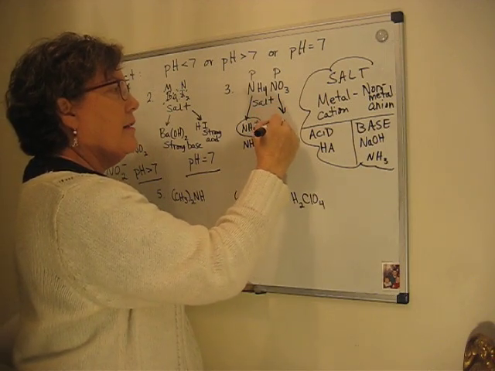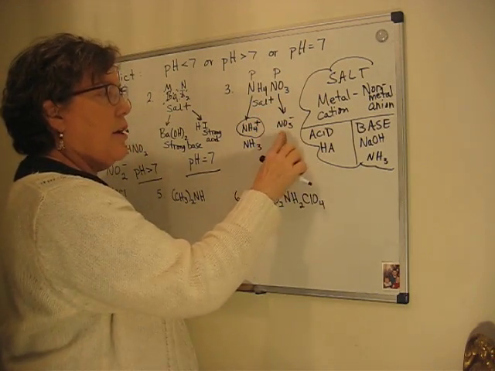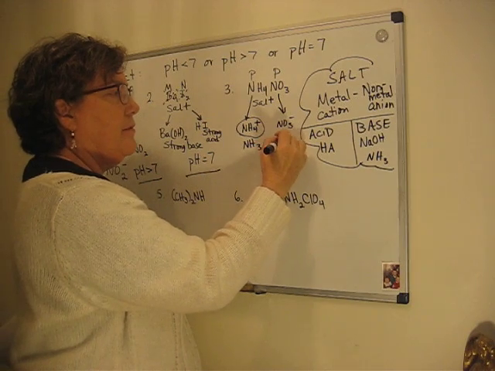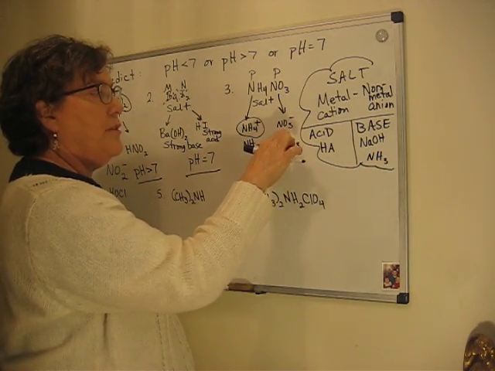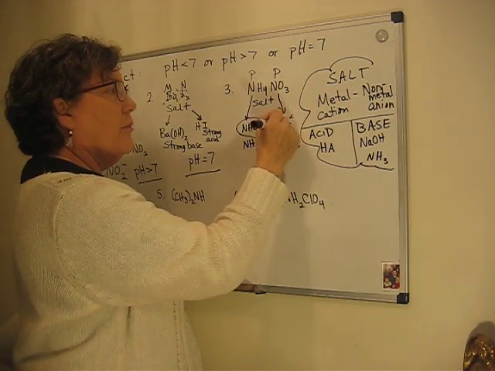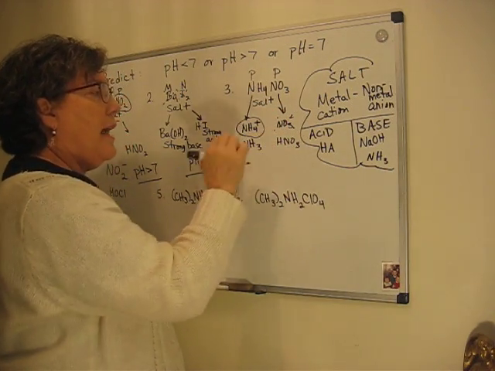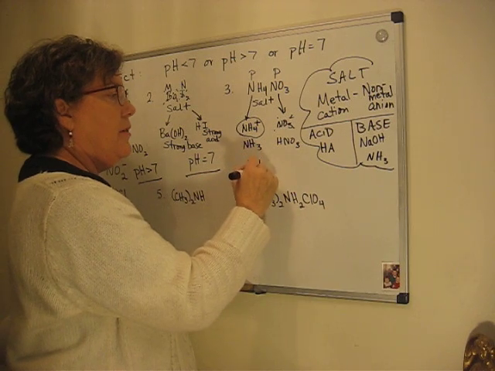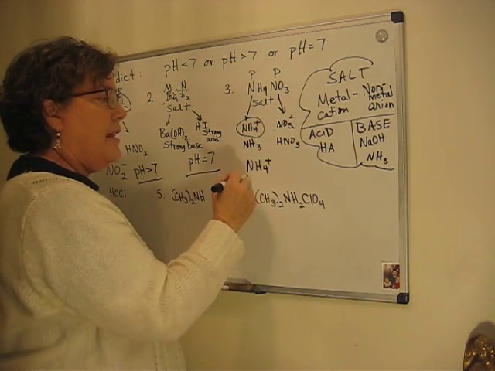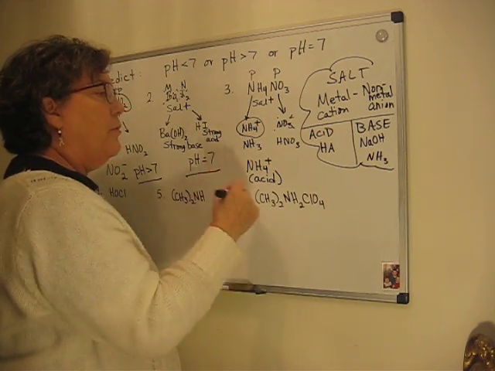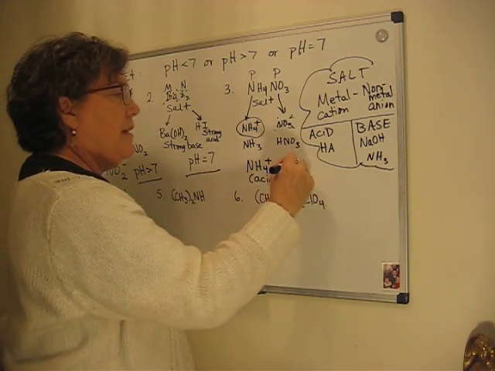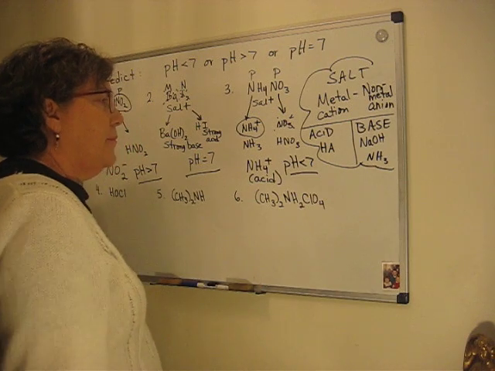Nitrate is the conjugate base of what acid? Nitric acid. Oh, that's strong, therefore this is weak. Not going to react. So the only one I have to worry about is the hydrolysis of this acid. It's a conjugate acid. Therefore, since it's acidic, pH is less than 7.